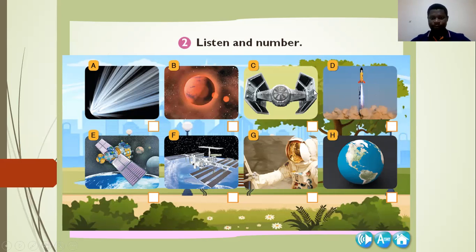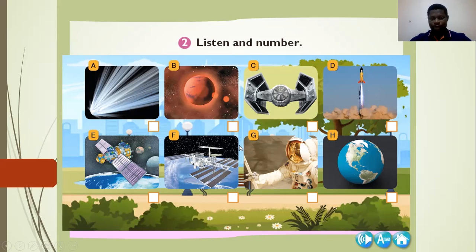1. Neil Armstrong is an astronaut. 2. The astronaut is in a spaceship. 3. You can see a satellite in the sky. 4.